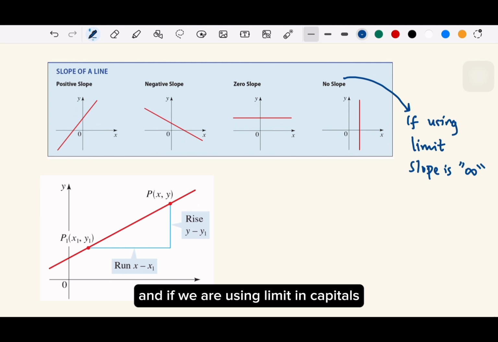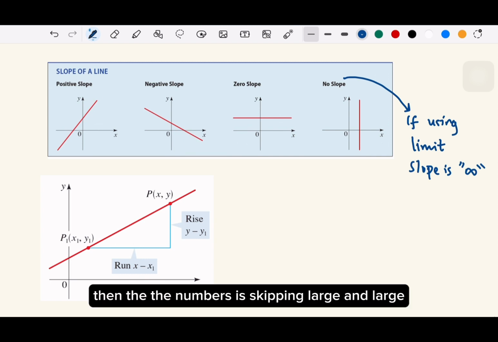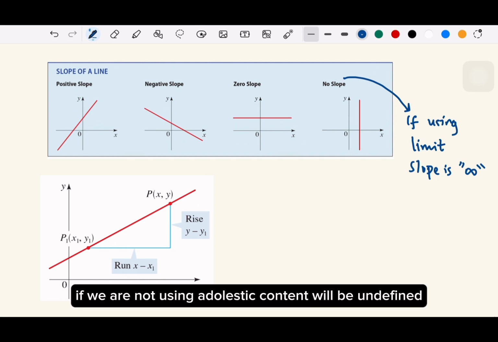If we use limit in calculus, the numbers get larger and larger. But for now, we can say there's no slope, because without any limit concept, the slope will be undefined.